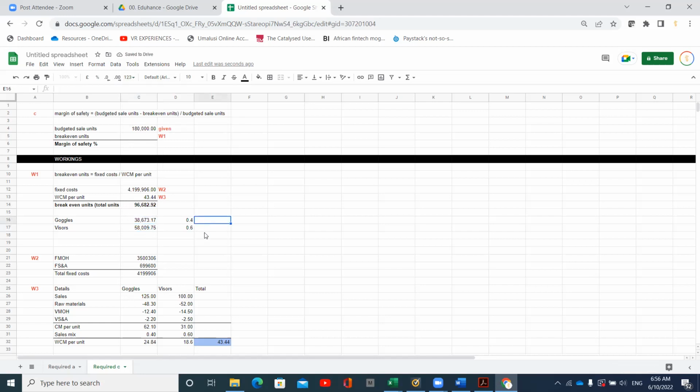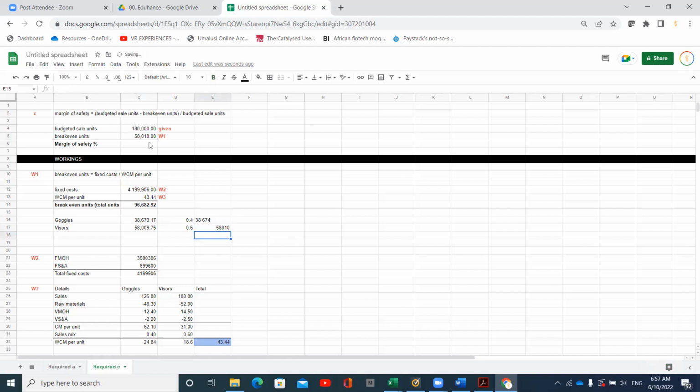But the answer over here, you can't have 0.75 of a visor. So it is 58,010. This one here is 38,674. Because you can't have 0.17. So therefore, that number we will plug in. So break-even units for visors is 58.